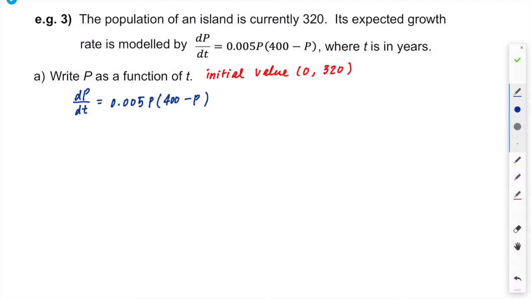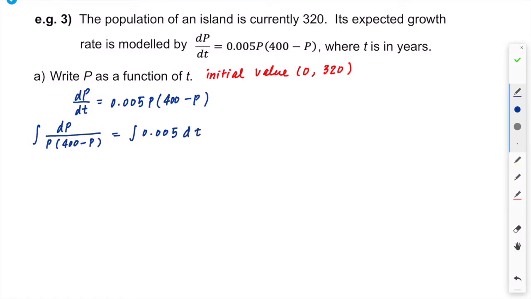Let's solve this differential equation by separating variables. I have dP, so I'll put P and 400 minus P on the left, and then here I have the integral of 0.005 dt.